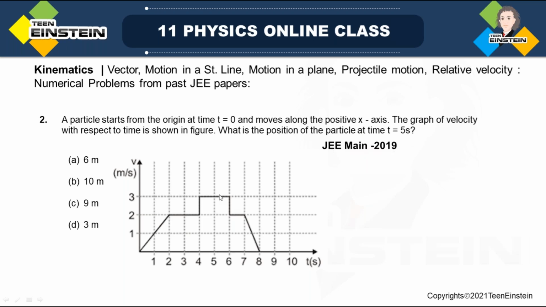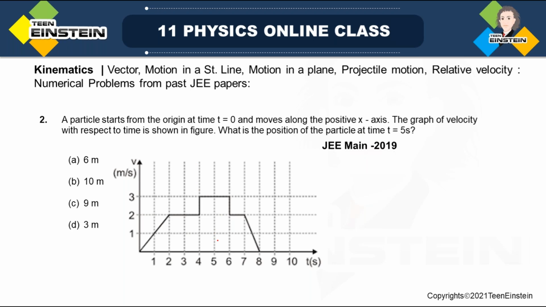So here there is a particle moving from origin, and it is starting from rest, we can assume, and the particle is moving in the x direction, and the vt curve for that is given in this particular graph. You have to find out the position of the particle after t is equal to 5 seconds.